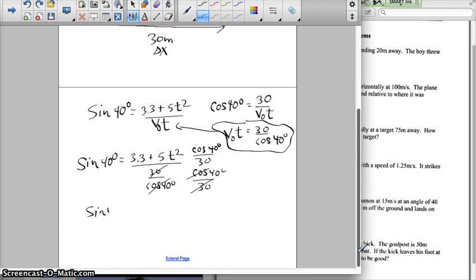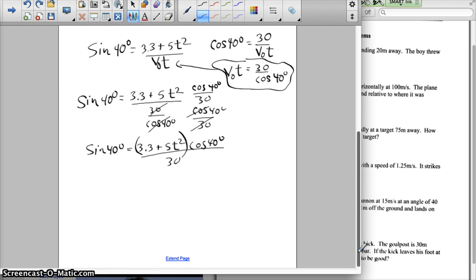So sine 40 degrees equals 3.3 plus 5t squared, all of that times cosine 40, and all of that divided by 30. Okay? So this is 30 sine 40 degrees equals 3.3 plus 5t squared cosine 40 degrees.